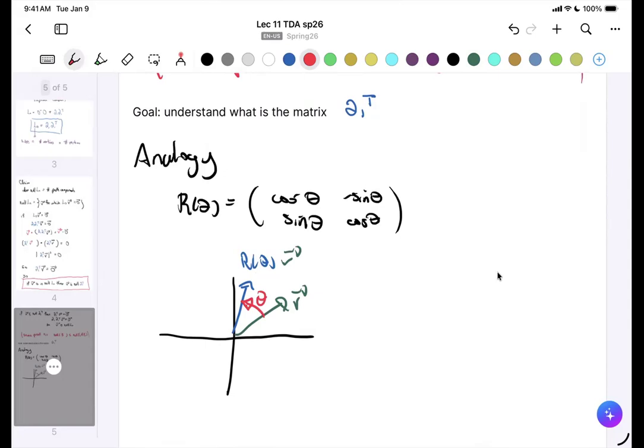So if I asked you, what is the transpose of the rotation matrix? Of course you could transpose it and tell me it is this matrix, and in a sense that is the answer. But you're not telling me how to think about this matrix. Just transposing doesn't tell me what the transpose is doing.